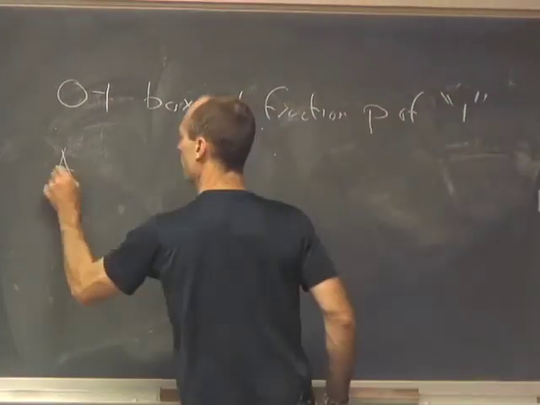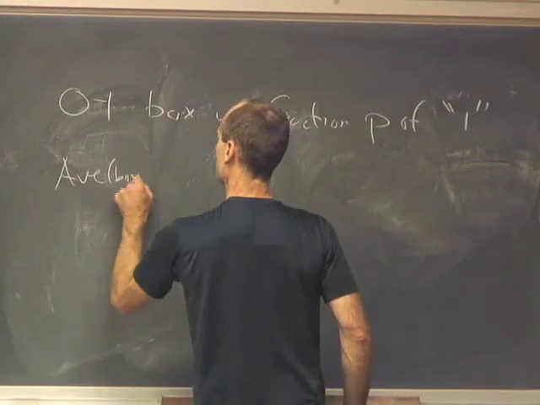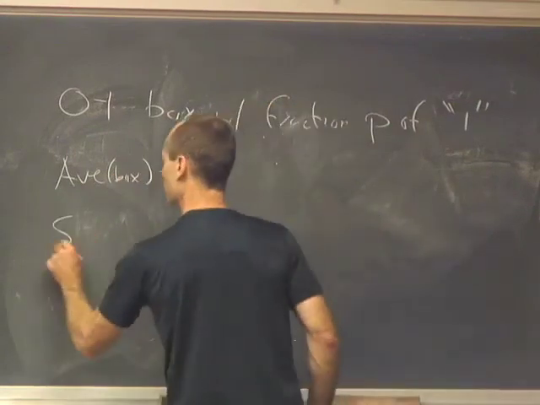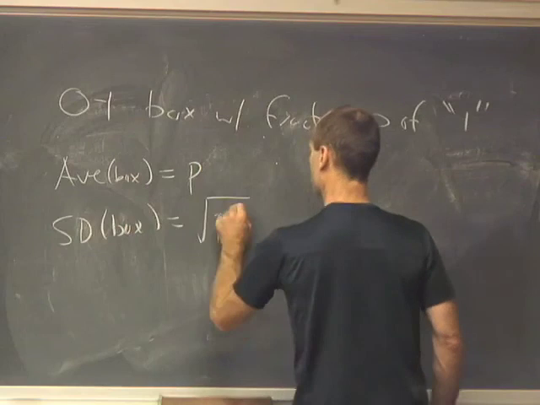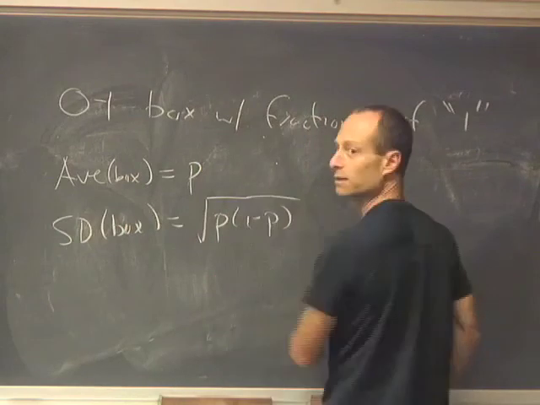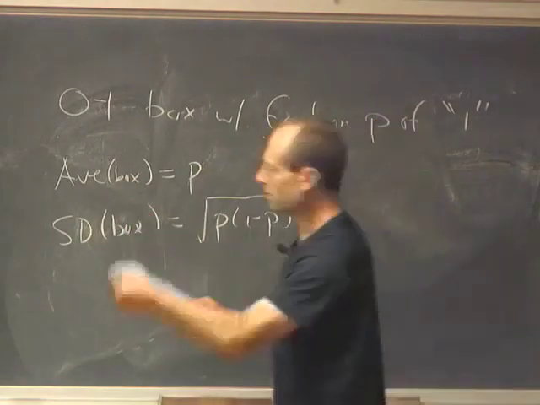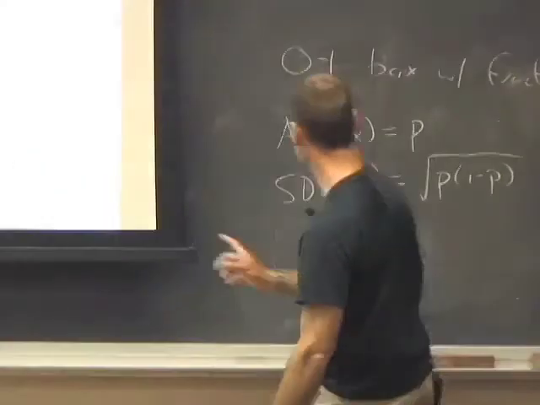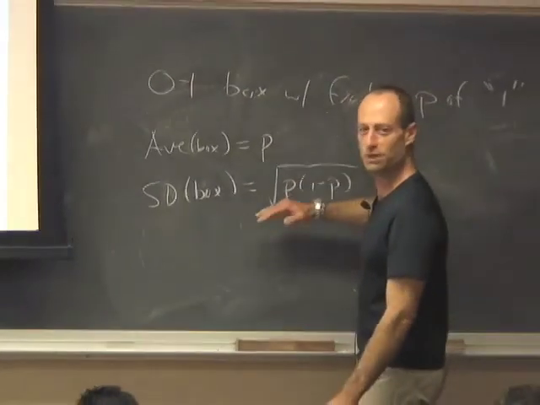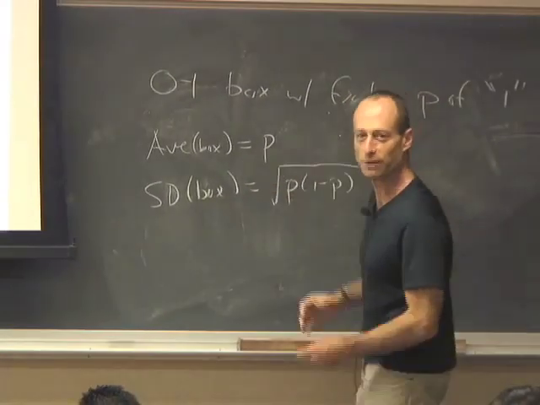Then the average of the box is equal to p. The SD of the box is equal to the square root of p times 1 minus p. So the square root of n times the square root of p times 1 minus p is just the square root of n times p times 1 minus p.